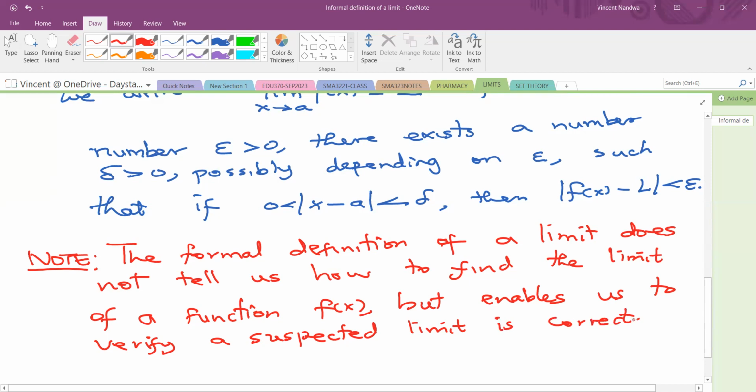Whenever you are using epsilon delta in any definition of a limit, it is only to help you show that the given limit is correct, but it does not evaluate the limit of a function.